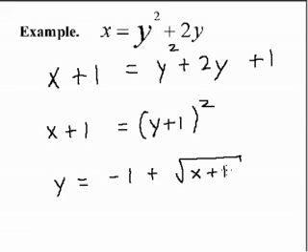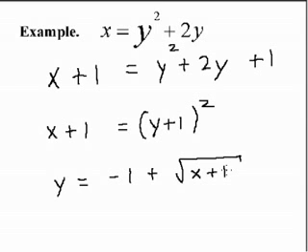Now here's another example of an inverse function. Suppose our original function is x equals y squared plus 2y. We wish to solve for y as a function of x now. So what we do is we add 1 to both sides in order to complete the square on the right-hand side.